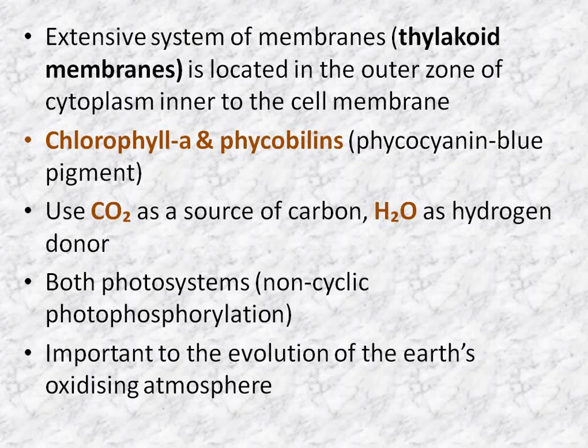And that is important to the evolution of the Earth's oxidizing environment, because it is believed that cyanobacteria-like organisms modified the Earth's environment, and they were the organisms that produced free oxygen and made the environment oxidizing on the Earth.